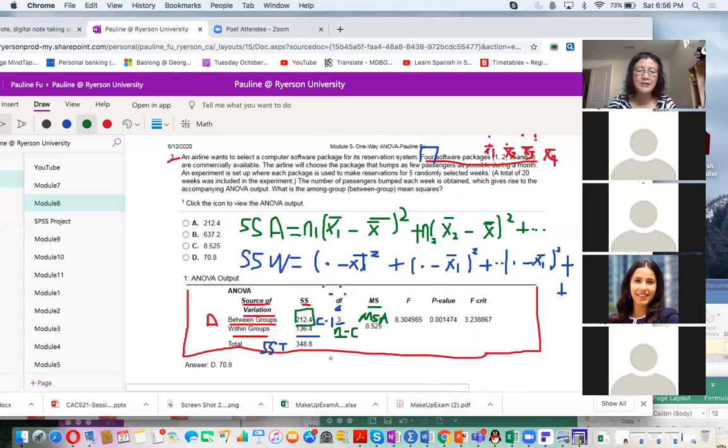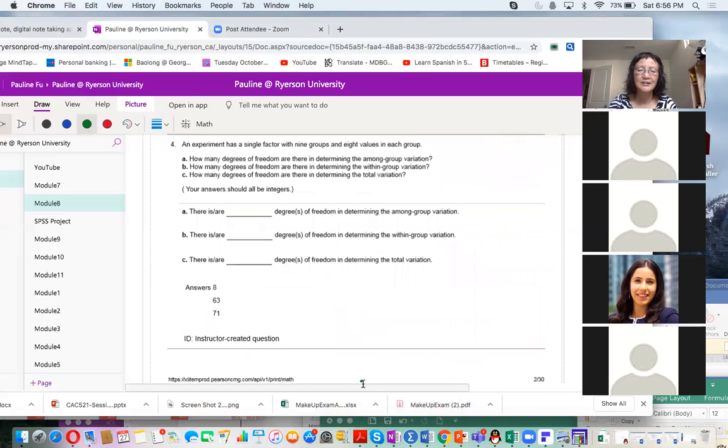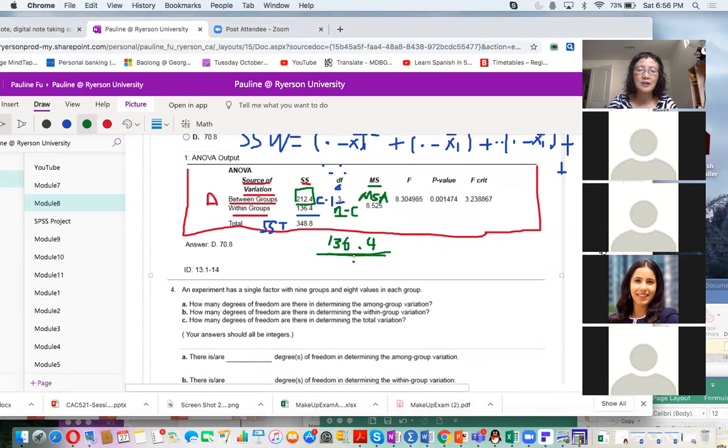So the relationship is 136.4 divided by degree of freedom for within group, this number you don't know, you call it X, equal to 8.525.